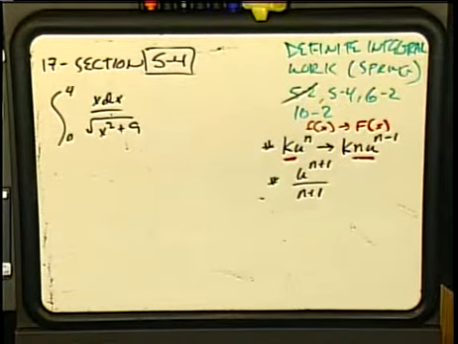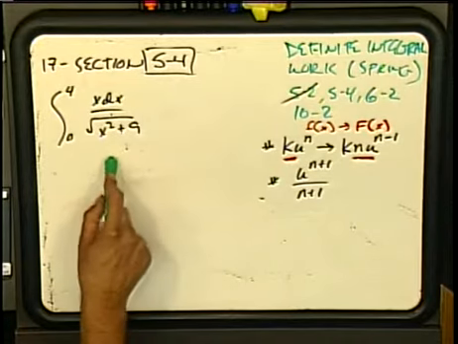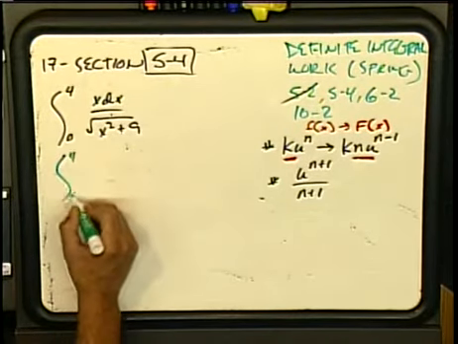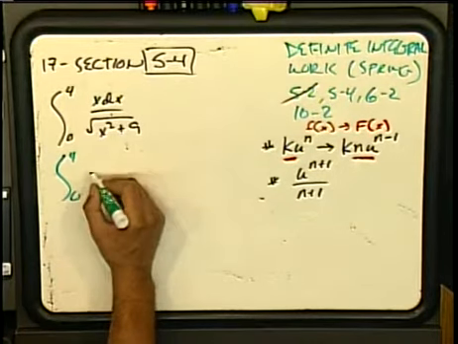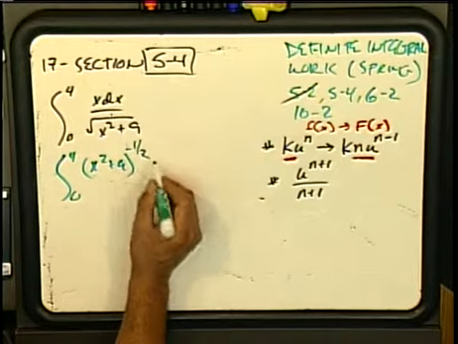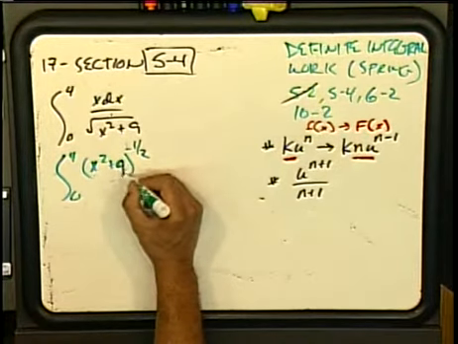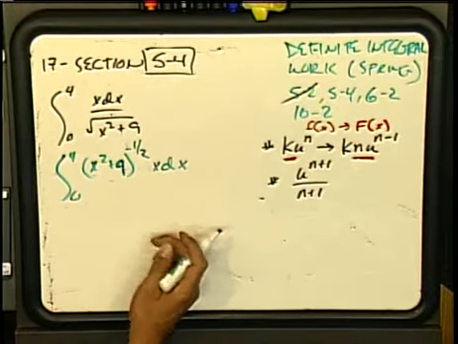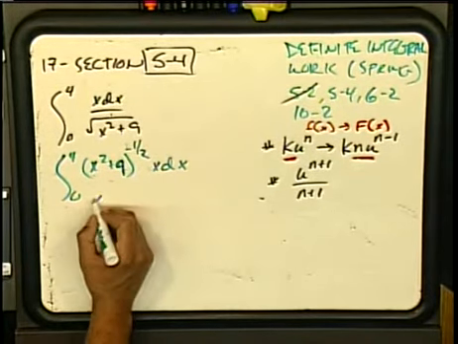You see where we're at? I'm going to start off with rewriting it first to get rid of the radical. So, integrate from 0 to 4 of (x squared plus 9) to the negative 1/2, x dx.